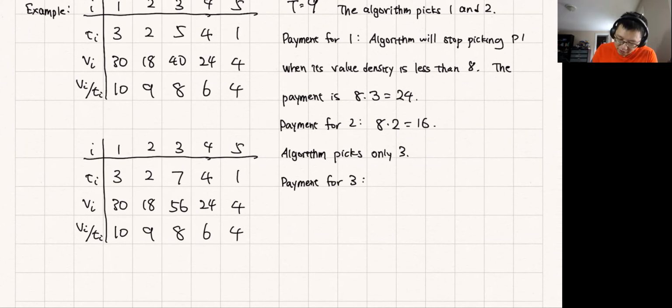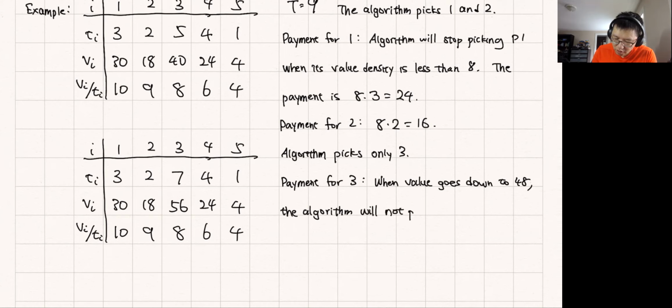So the payment for 3: when the value goes down to 48, the algorithm will not pick 3 anymore. The value density at that point is 48 divided by 7, which is about 6.8, 6.9.